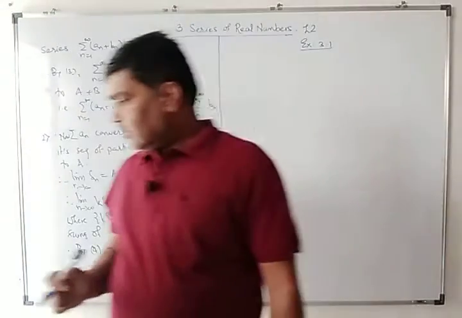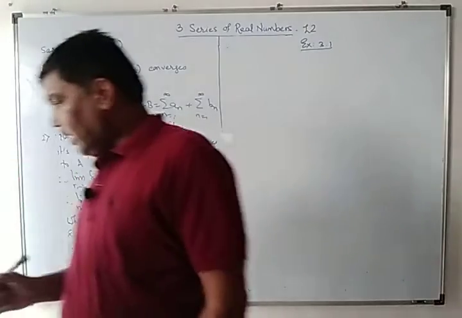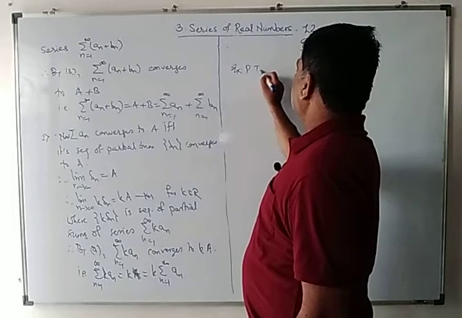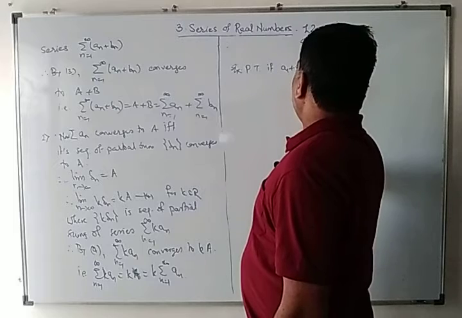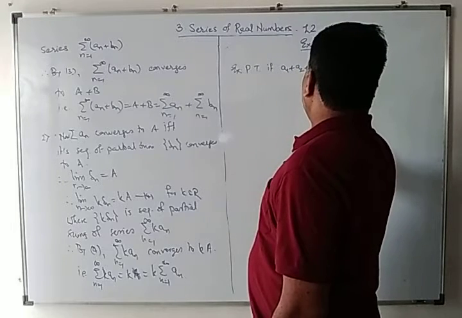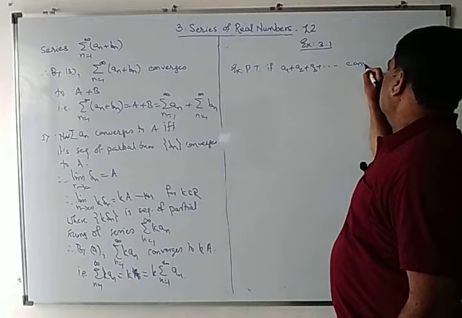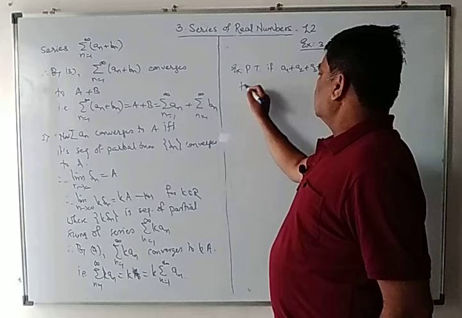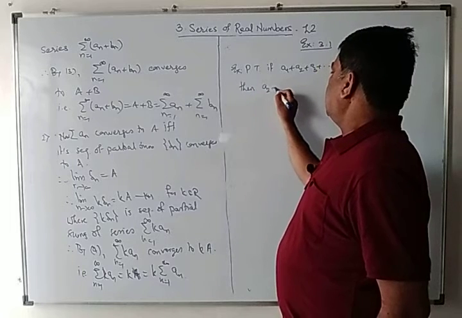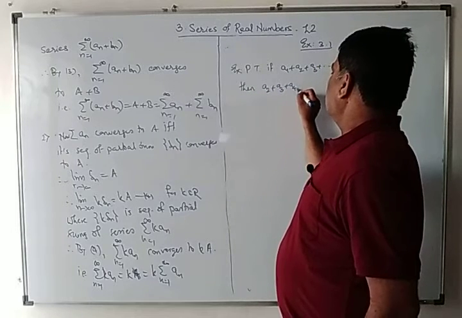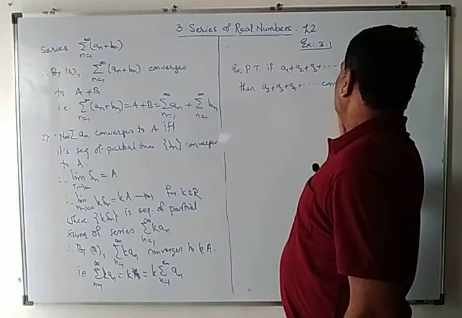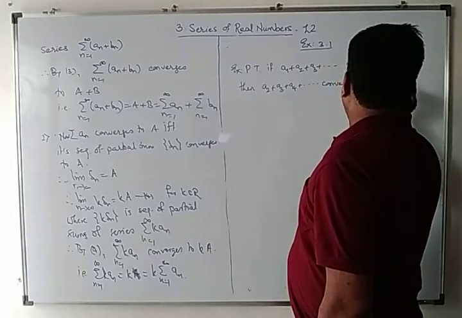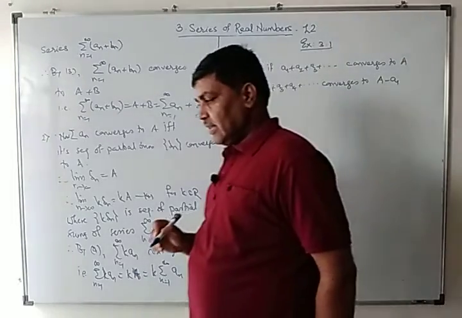In exercise 3.1, the first example is: prove that if a1 plus a2 plus a3 plus dot dot etc. converges to capital A, then a2 plus a3 plus a4 plus dot dot etc. converges to A minus a1.